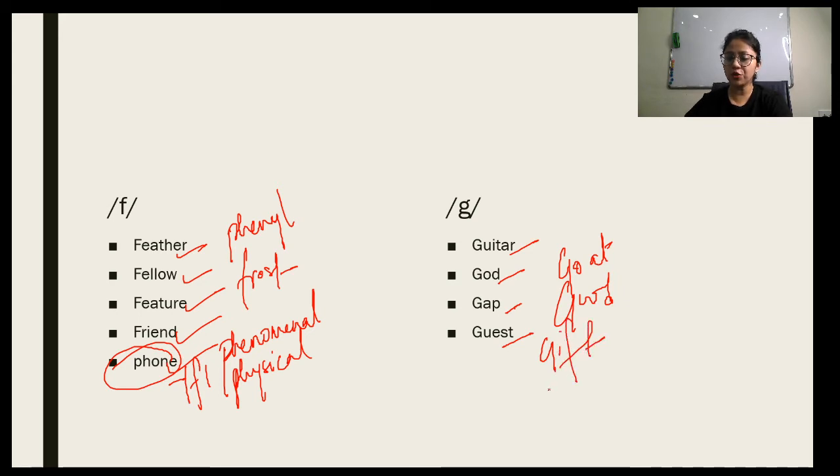So you've got a lot of these words. Can you give me a word which has a G sound in the middle of a word? So a G sound which is right there in the middle of the word.